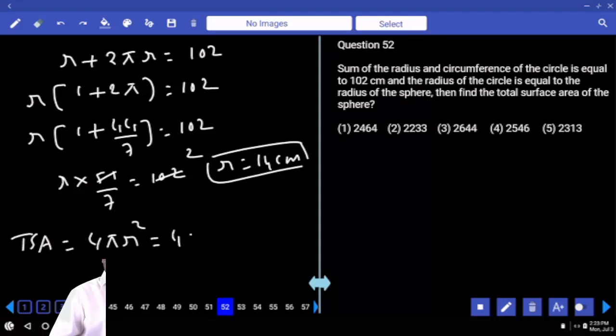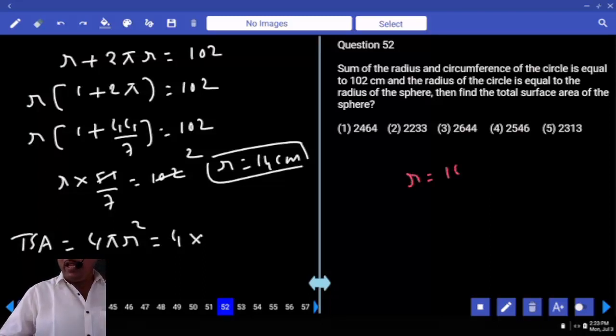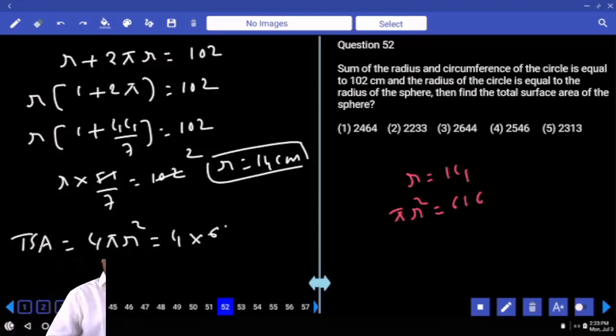Try to remember this value. If r equals 14, then pi r square is equal to 616, so 4 times that is 2400 plus 64, 2464.